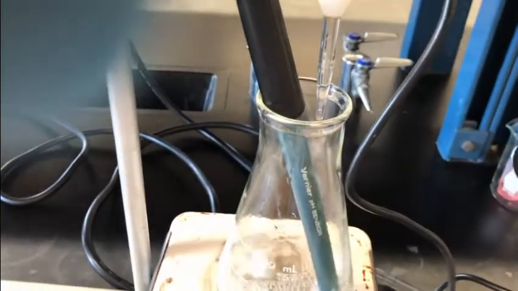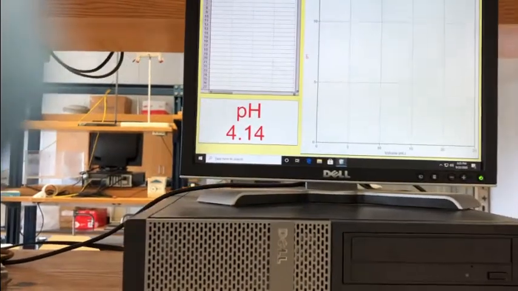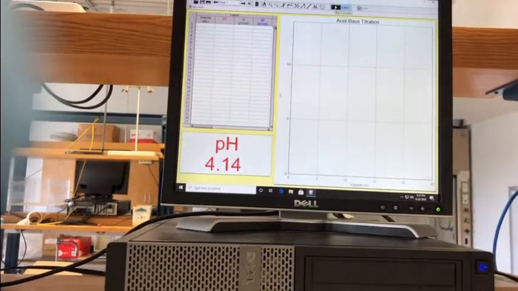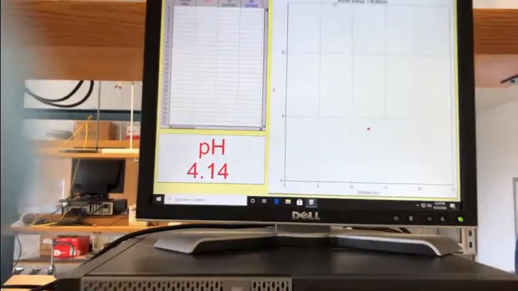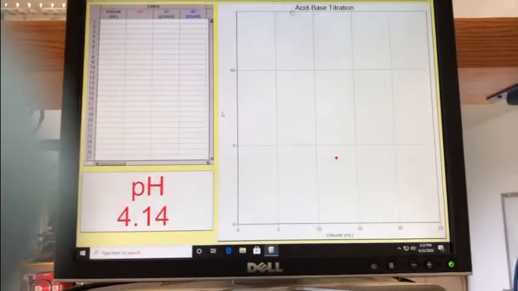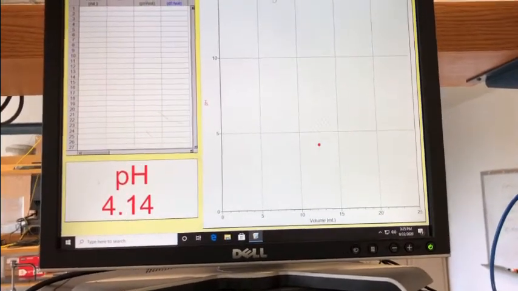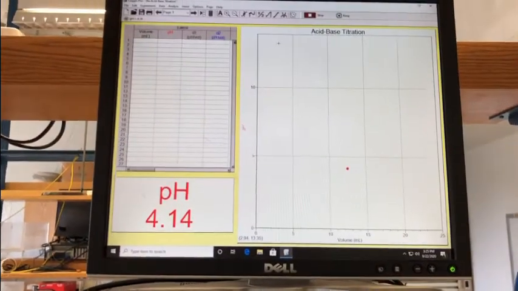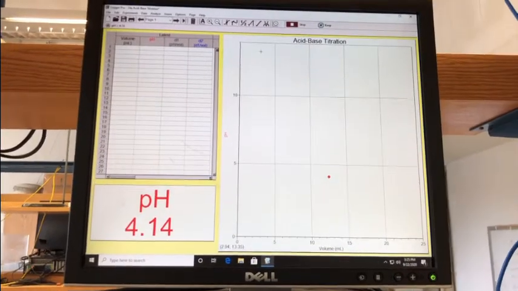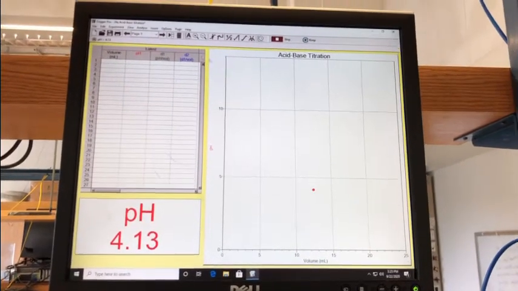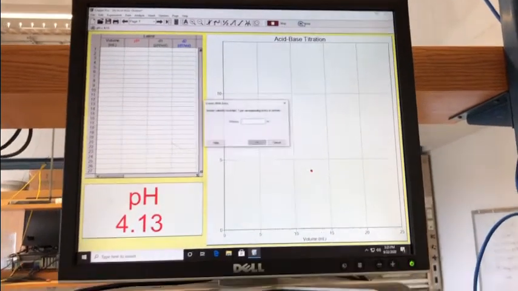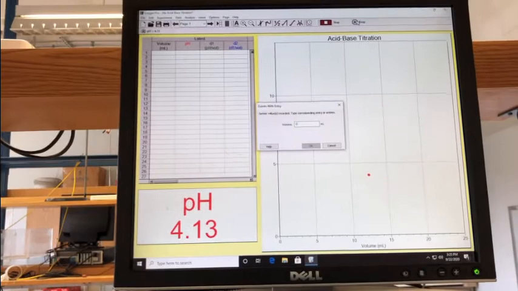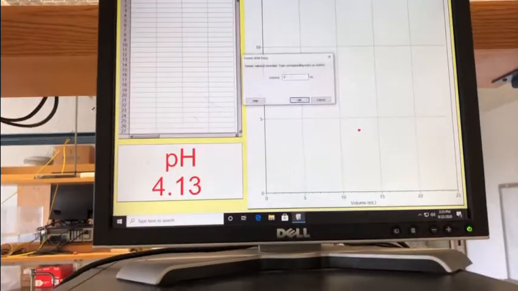Now here is the data I am going to take. You see at the beginning the pH is 4.14. If you keep this data, you see it's 0 ml. I haven't added any sodium hydroxide.